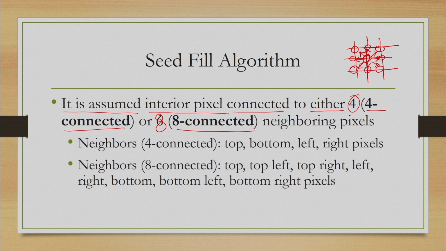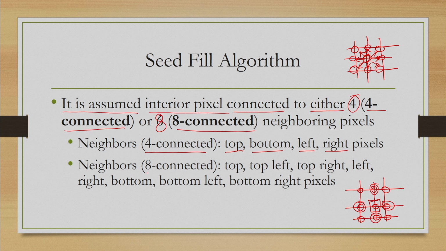So, when we are talking of 4 connected, let us redraw the figure again. Suppose these are the pixels, these intersection points of the grid. This is one pixel. Now, in case of 4 connected, the 4 neighboring pixels are defined as top, bottom, left and right. That means, this is the top, this is bottom, this is right and this is left.